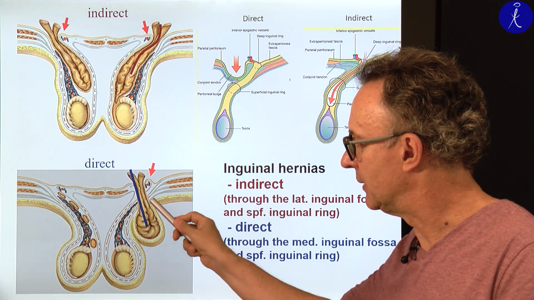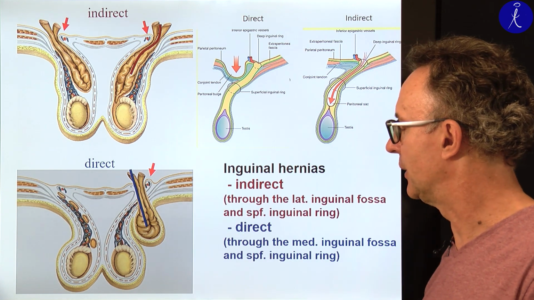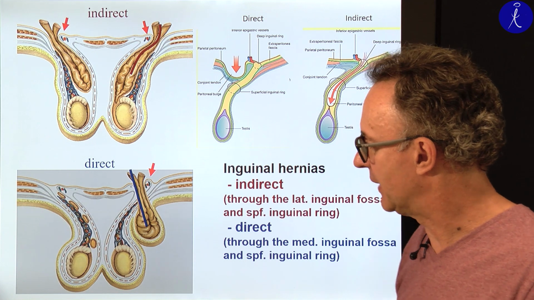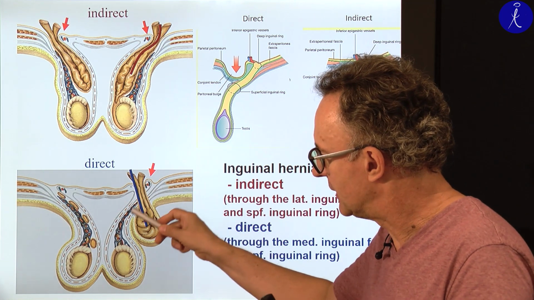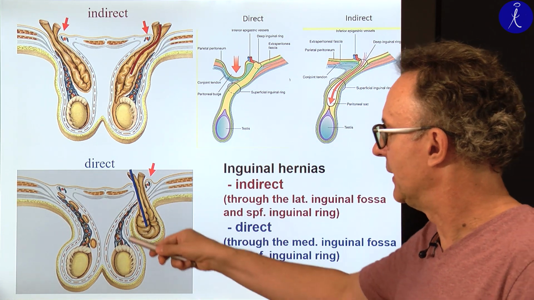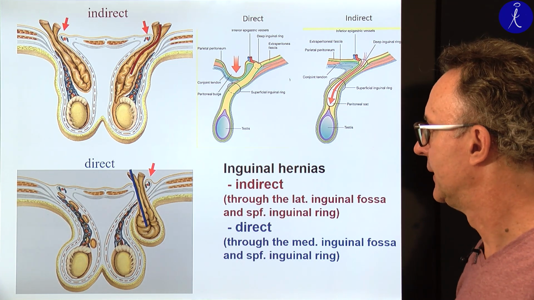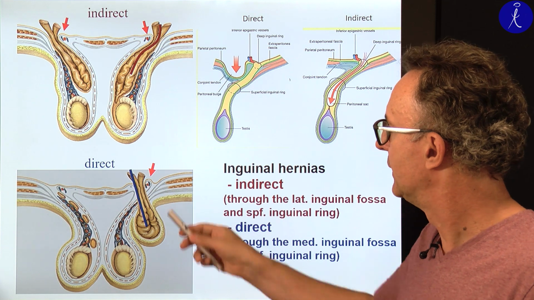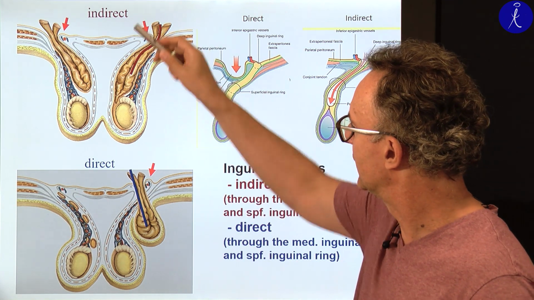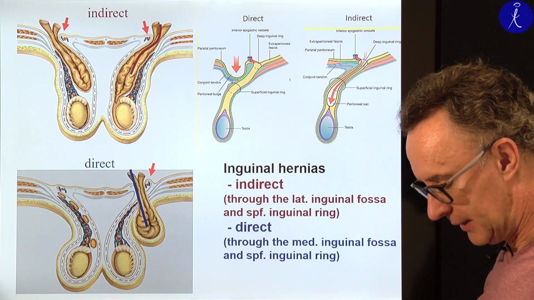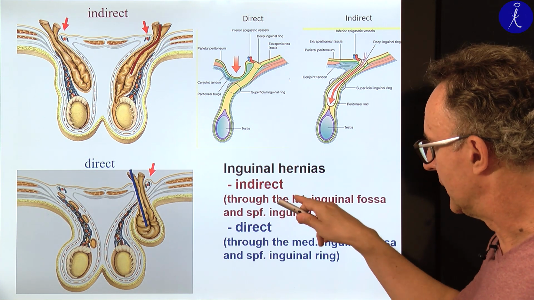If it's through the lateral, then it's longer, and this is the indirect. Obviously, the indirect is the more frequent because this is a functional canal, still having the vas deferens and related structures through this. We don't have anything normally through the medial inguinal fossa. So we have direct and indirect herniations. Indirect is longer, but this is more frequent.